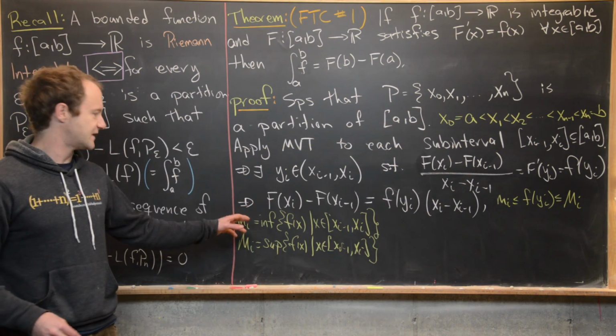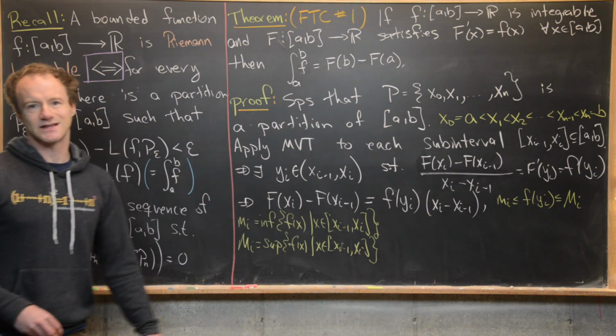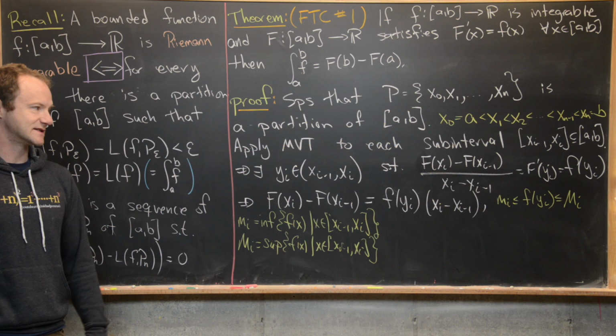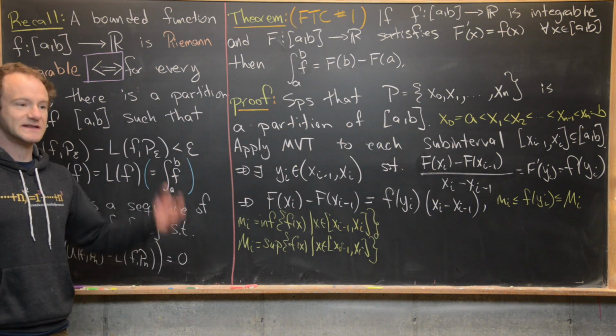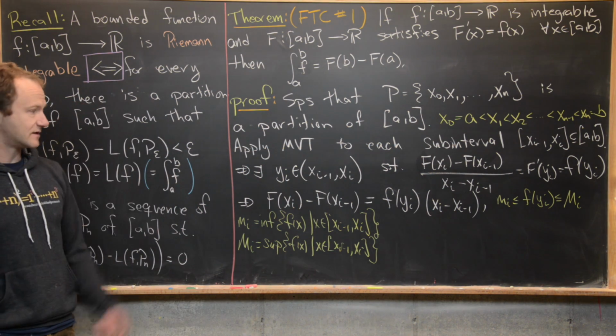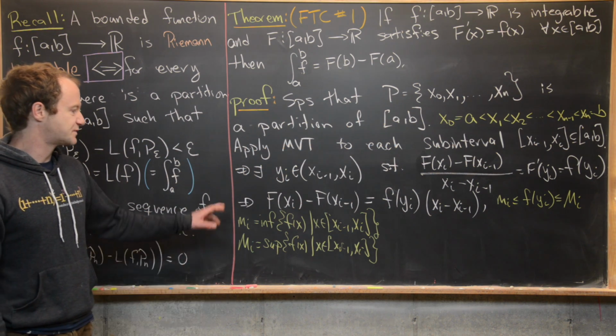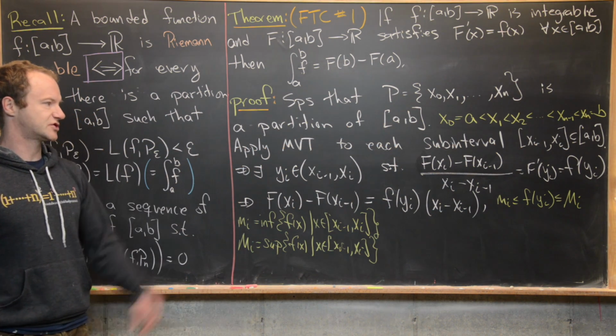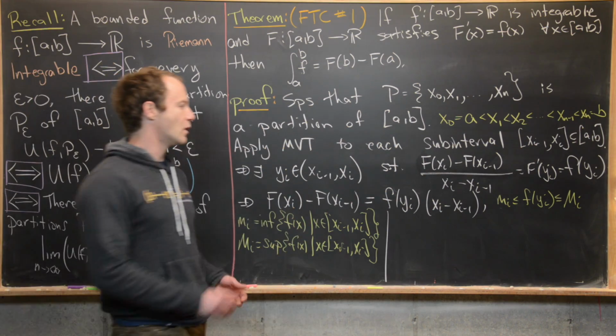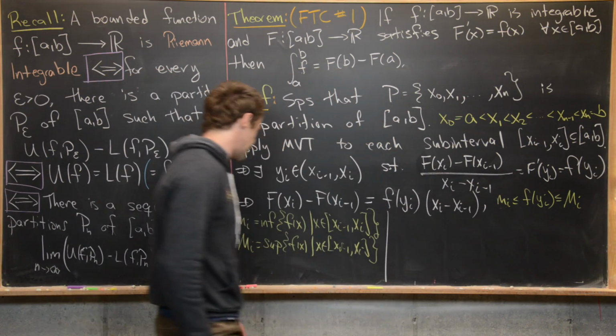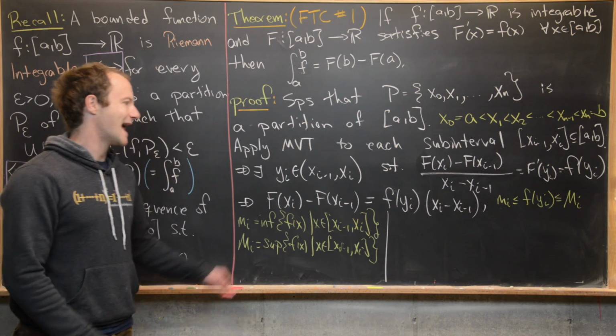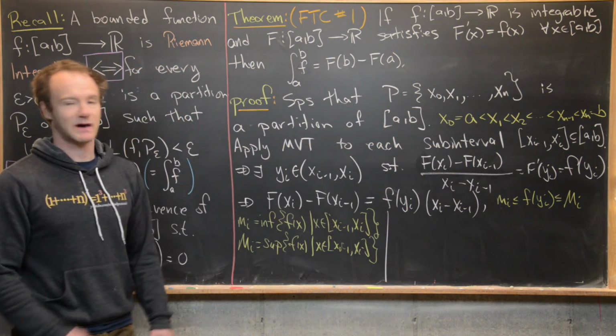By the definition of the infimum as the greatest lower bound and the supremum as the least upper bound, they are lower and upper bounds, which puts any value of the function between them. But now what we'll do is multiply both sides of this inequality by x_i minus x_{i-1}.